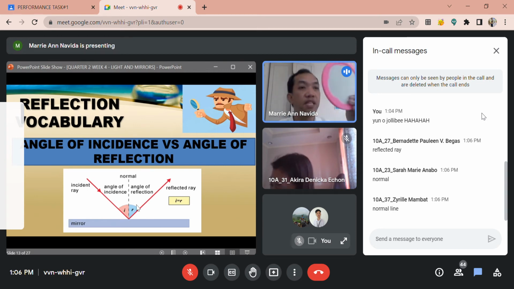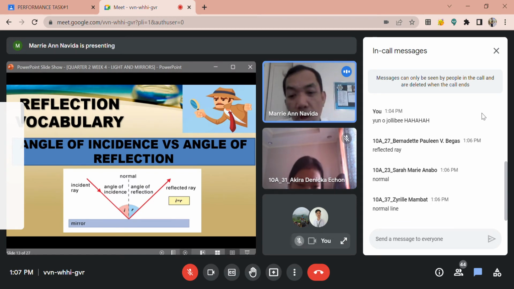For example, if you're facing the mirror, it seems that your reflection is at the back of the mirror itself, isn't it? So it's written here, angle of incidence is also equal to the angle of reflection. Just like what we talked about a while ago, if your height is 164 meters, then in the angle of reflection your height is also 164 meters.